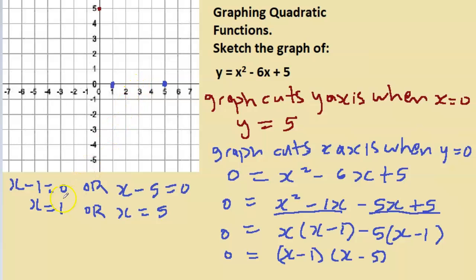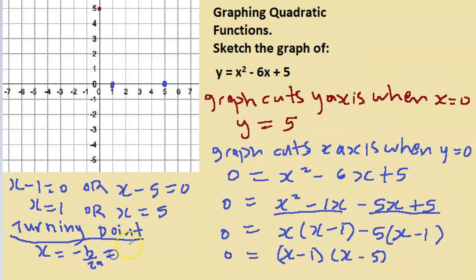The other thing we need to know now is where the graph turns, or the turning point. And the turning point, it's 1 point but 2 different coordinates, right? Notice we need an x coordinate and we also need a y coordinate. X coordinate we can get by using the formula, standard formula, works every time, negative b over 2a.